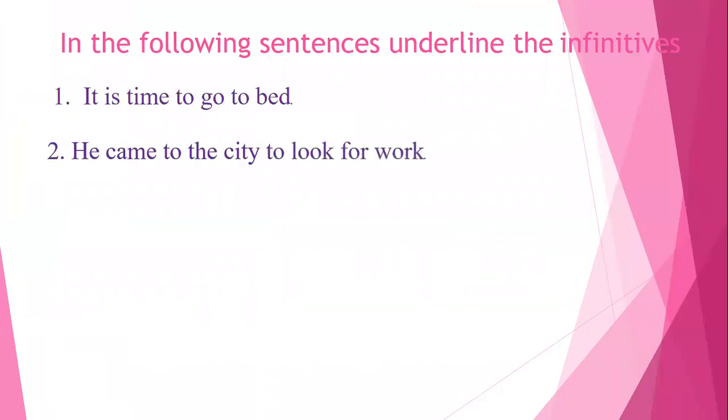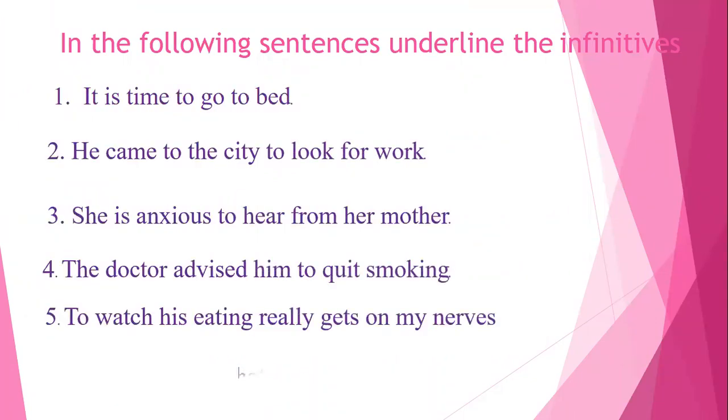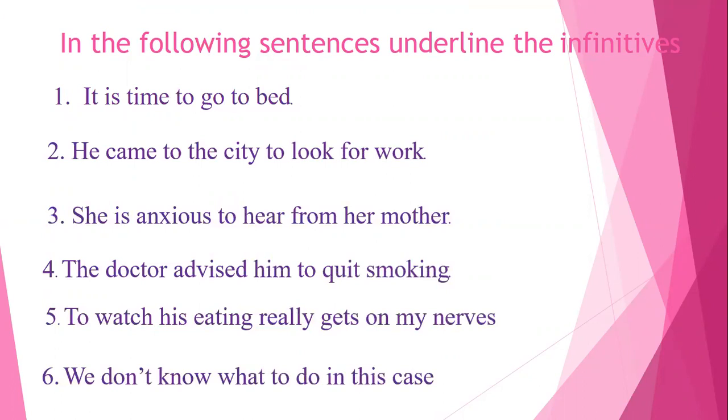Now we have six sentences. We should underline the infinitives. In the first sentence, infinitive is to go. In the second sentence, to look for, to hear, to fight, to watch, and to do. In the first sentence, we use infinitive as a part of predicative.